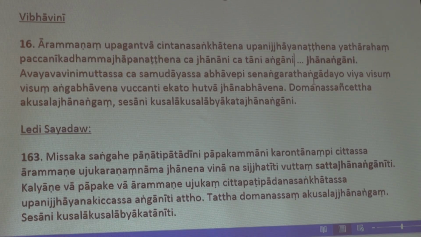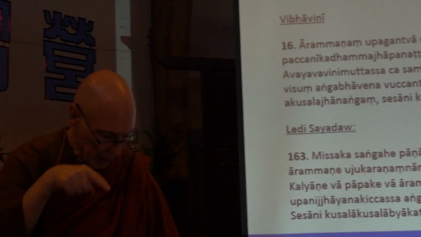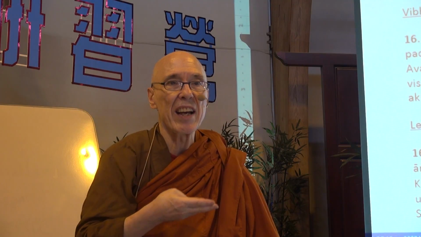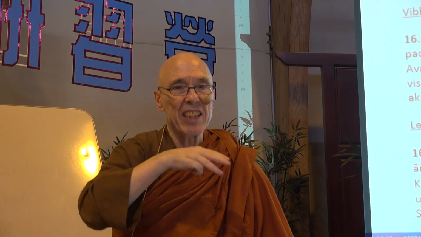That's vitakka, initial application. We are sustaining the focus on the breath. That is sustained application. We might feel some delight in that. That is zest. Actually, that's a good alternative for zest, delight.